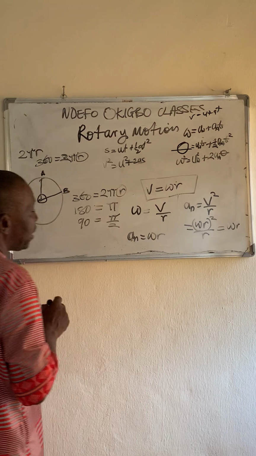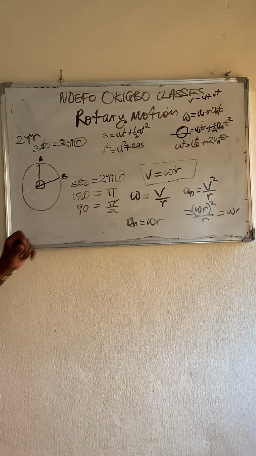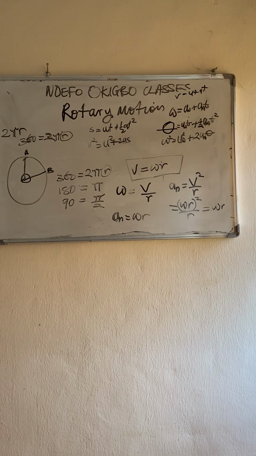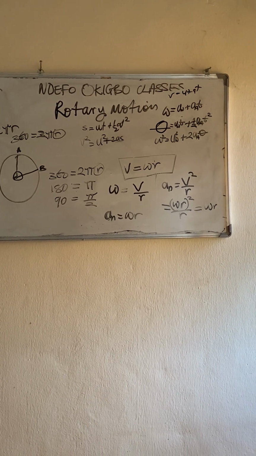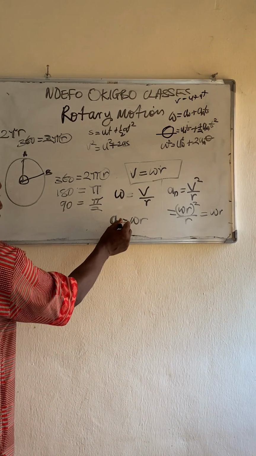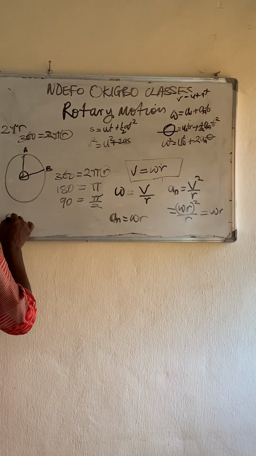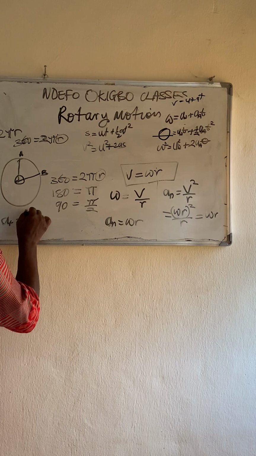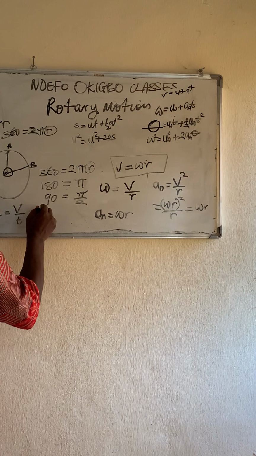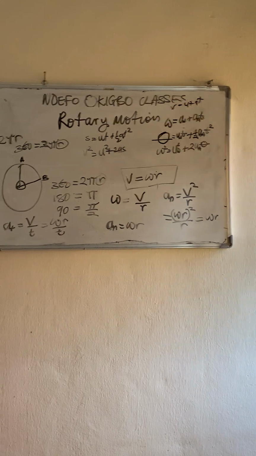So if we now come to tangential acceleration, which is equal to v over time, it means it is equal to w r over time.